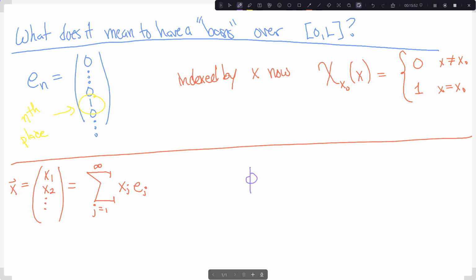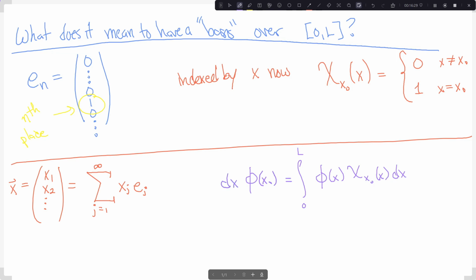My function phi can be represented as the integral from 0 to L of phi of x chi of x naught x dx. And this is phi of x naught. And in fact, there's a dx over here as well.